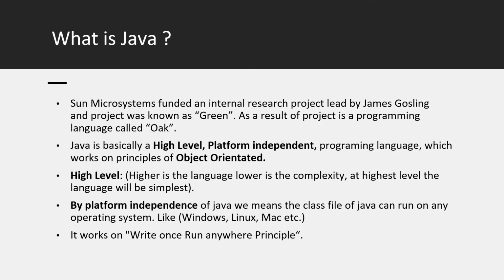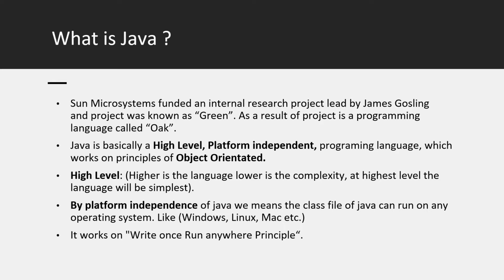Then we have the concept of platform independence. This means that you can write and run Java code on any platform like Windows, Linux, Mac. It is not dependent on any platform. There are a lot of applications which are either dependent on the Windows operating system, or on the Mac operating system.